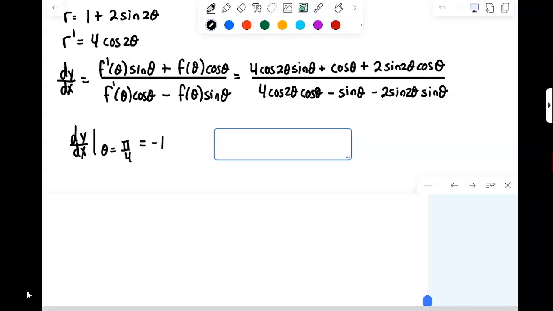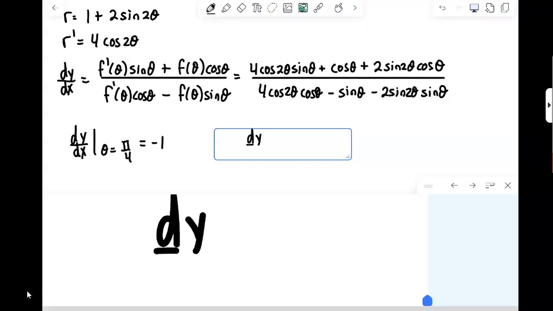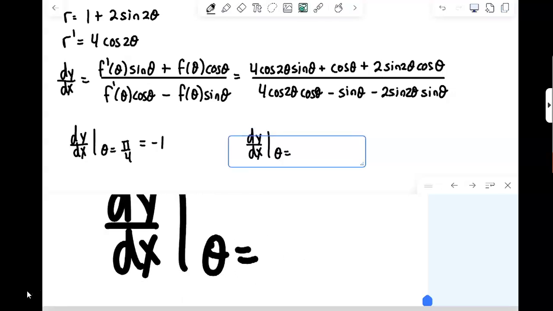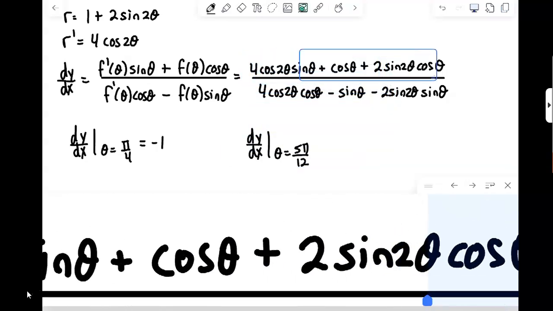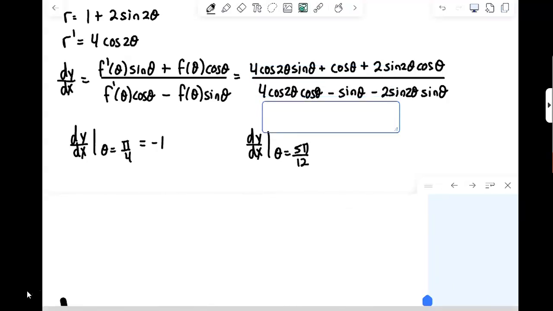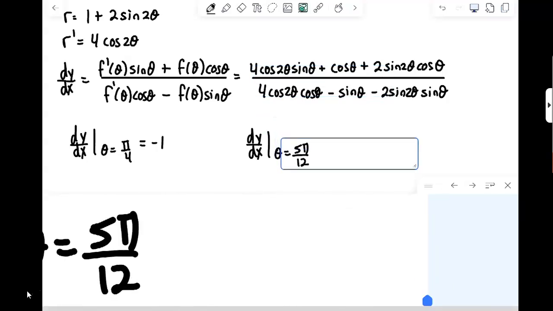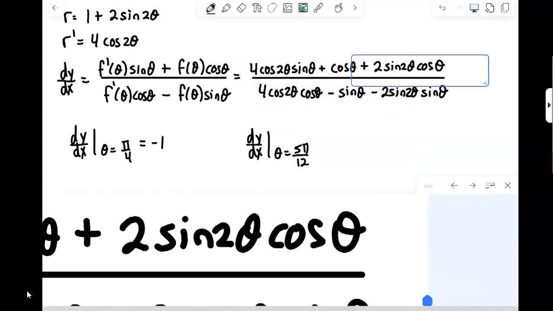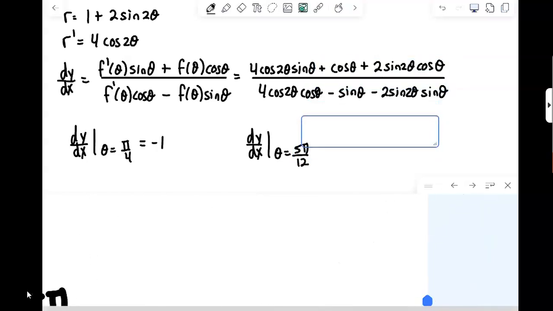And then we can do the same thing at dy dx, evaluated at 5 pi over 12. Okay, 5 pi over 12. Plug all those values in. What's 2 theta at 5 pi over 12 going to be? That's going to be 5 pi over 6. Okay, so this one, unfortunately, none of the things cancel out.